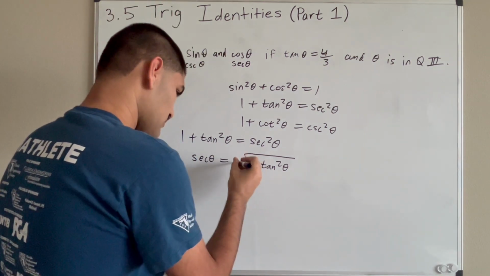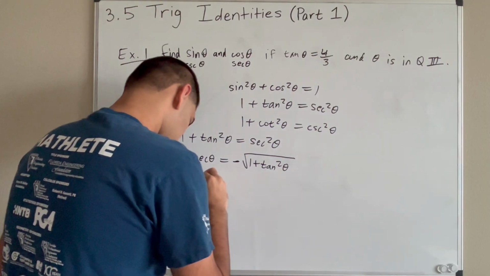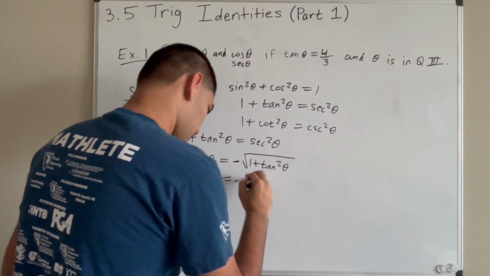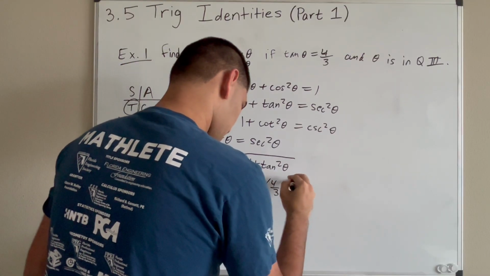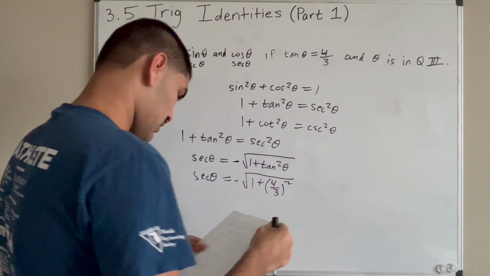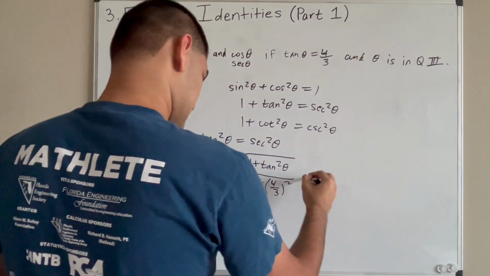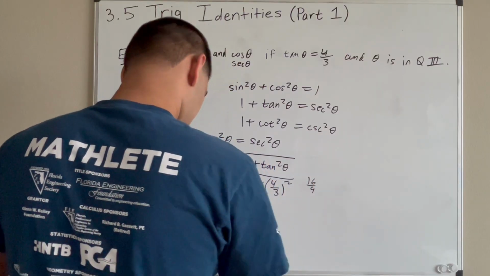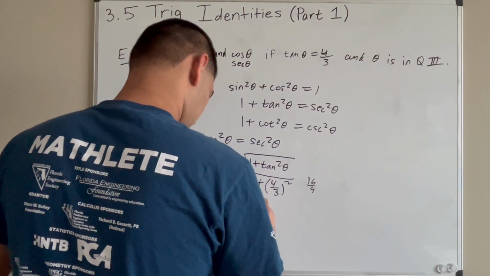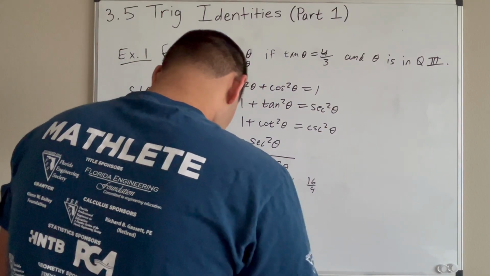Then you just substitute in the value. So secant is equal to negative square root of 1 plus 4/3 squared. This is 16/9 plus 9/9, so that's 25/9. So negative 5/3. Secant of theta is negative 5/3.